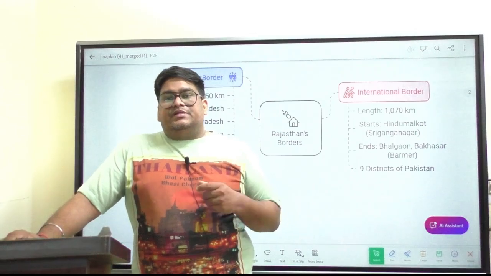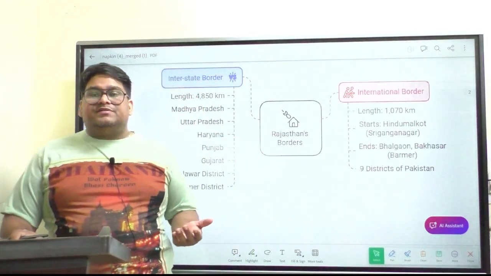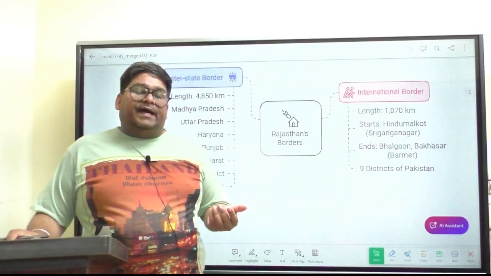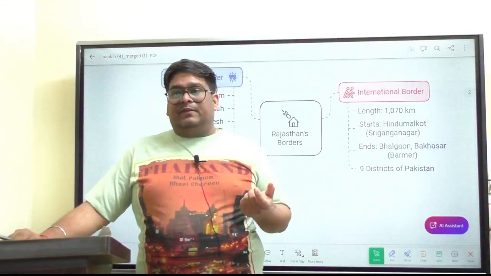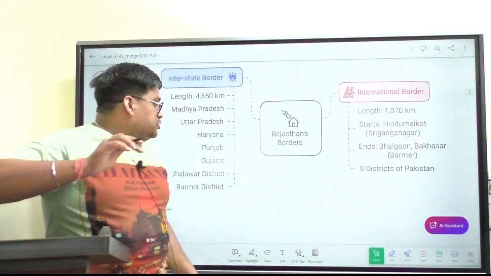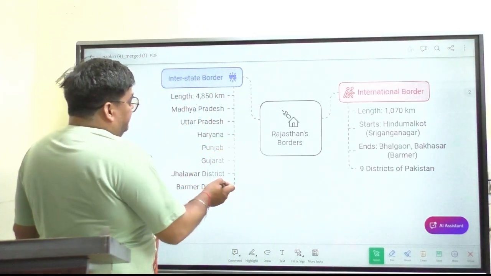Okay, so in terms of district, the interstate border of Jhalawar district is the longest, and the border of Badmer is the shortest. It is also written here.